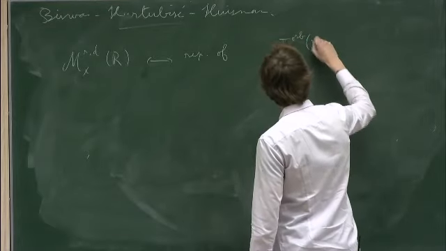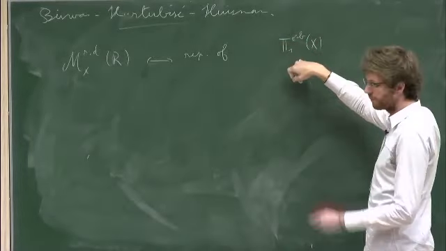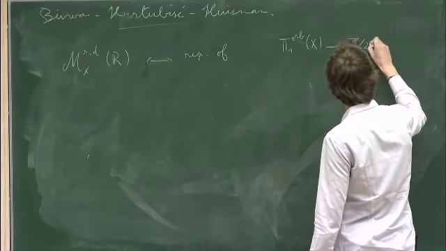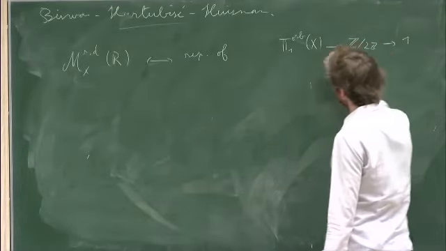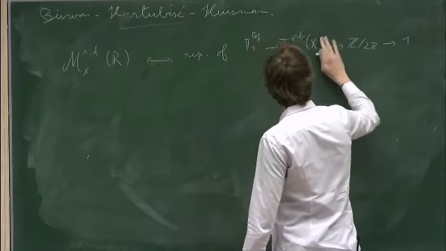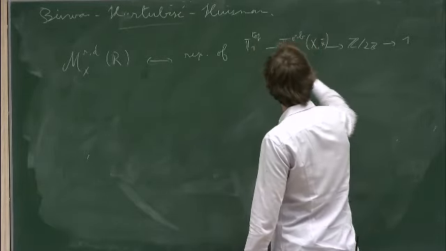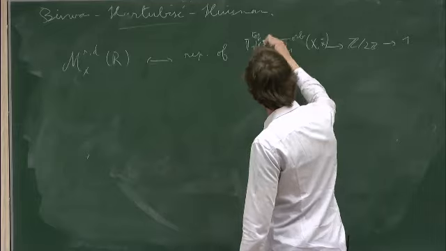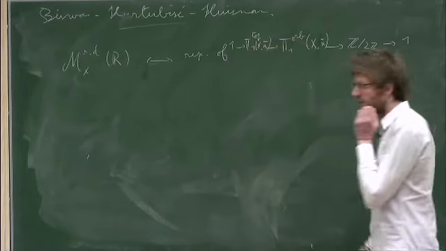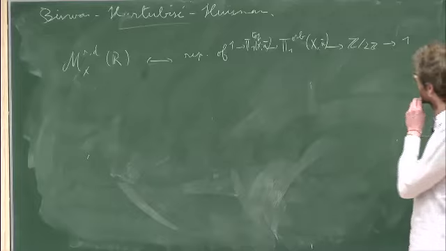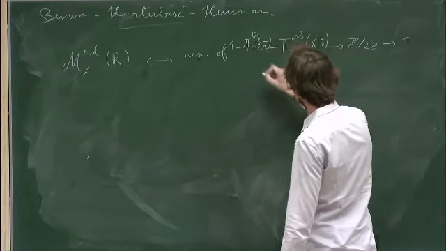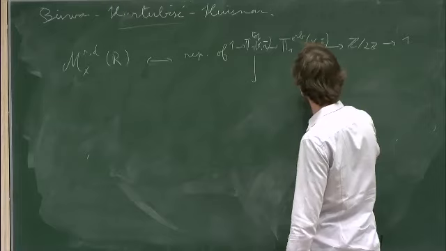By definition, not by definition, but this group is a group that fits into this following exact sequence. So this is the Galois group. This is the usual topological group. And a representation of this, by definition, is a series of three maps.